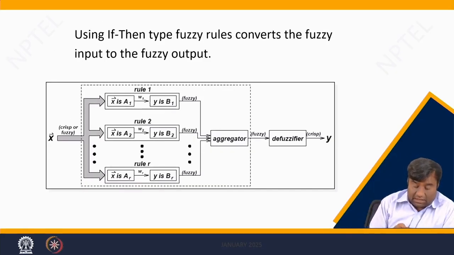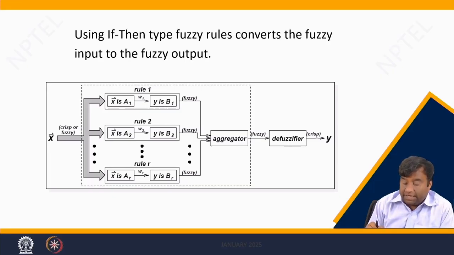So these are the Mamdani fuzzy inference system. So crisp input, then membership value, then rule, then fuzzy output, then aggregate, then defuzzification, after which we get the crisp output. So that is basically the model. It's a similar model for Sugeno and Tsukamoto, with a little bit different rule system or output fuzzy sets.